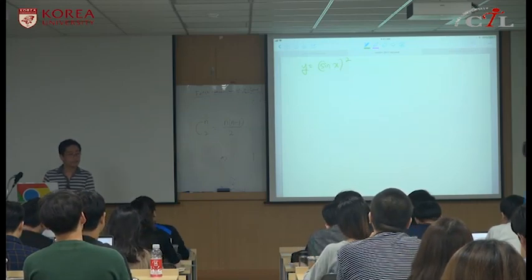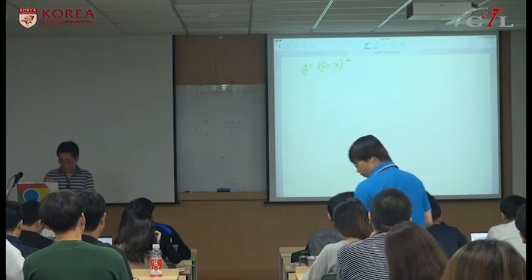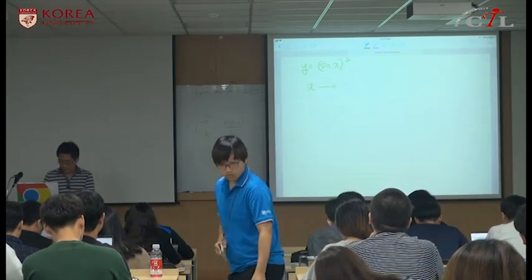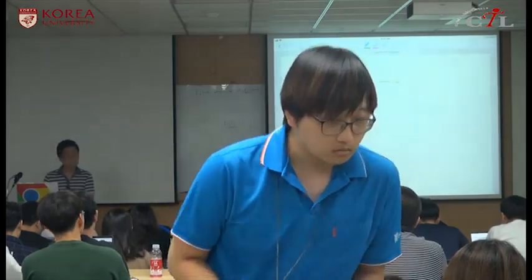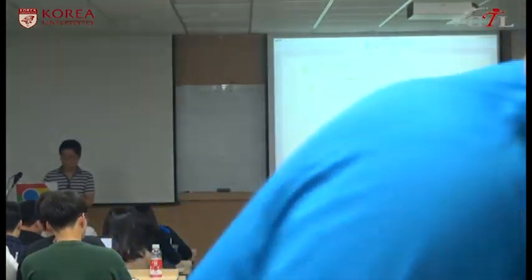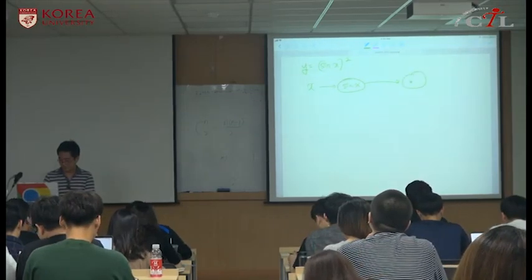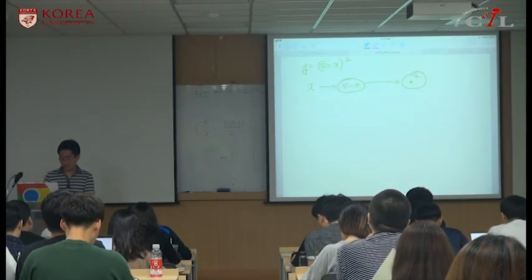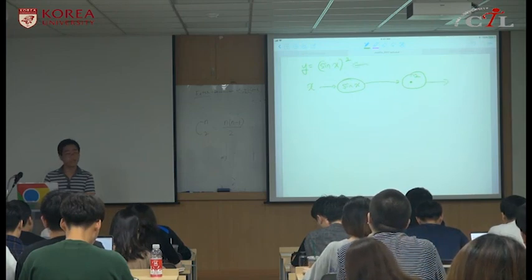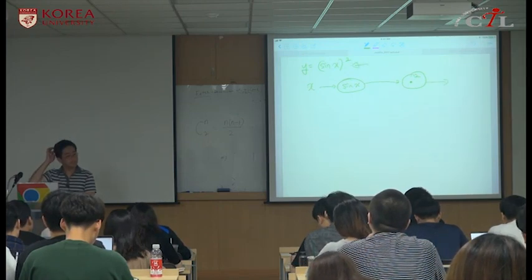It is actually a composite function. Composite function means x first goes through this sine function, and then this intermediate output goes through the squared function, right? So that is the simple computational graph of this guy, okay?